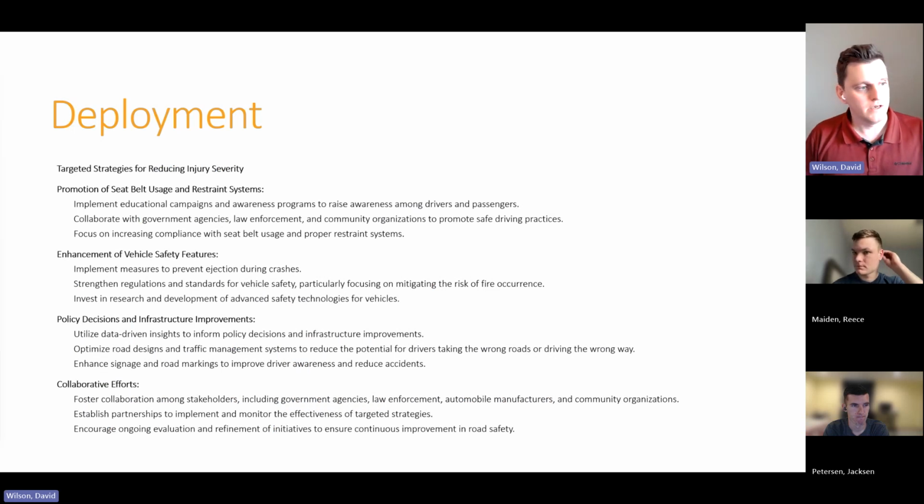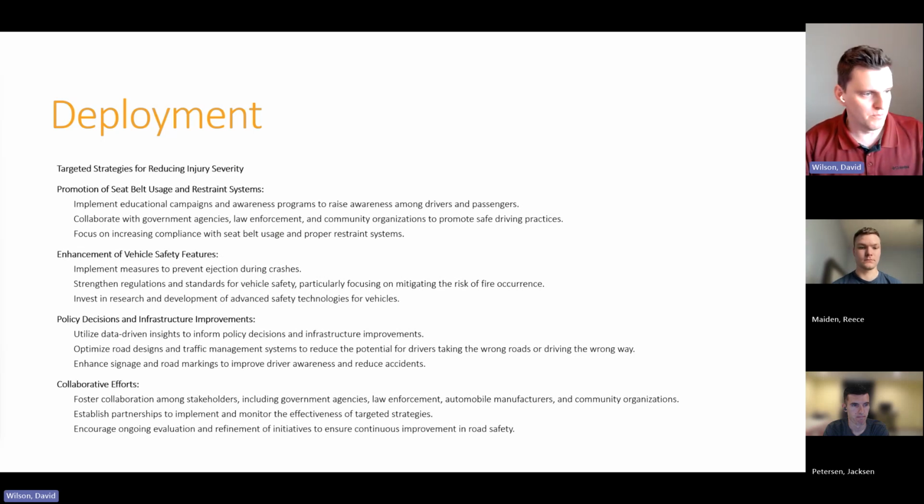Takeaways from our study. We believe we're able to develop some targeted strategies for reducing the likelihood of severe injuries for drivers. The largest one is tackling preventable injuries.